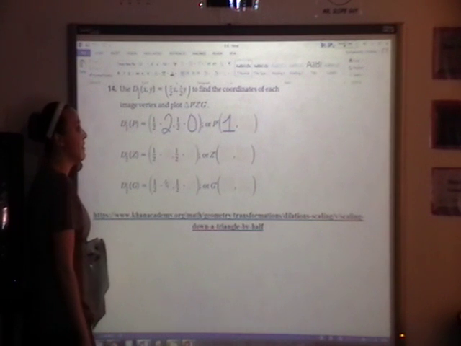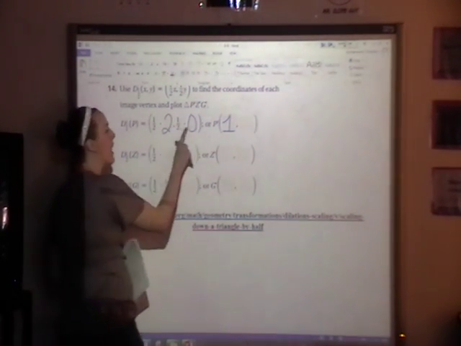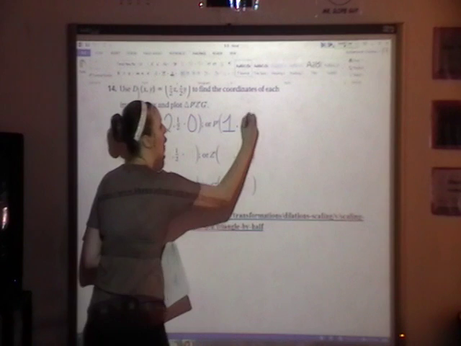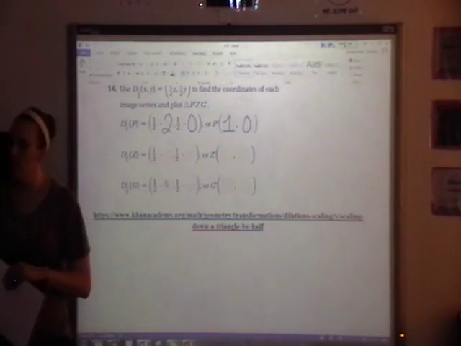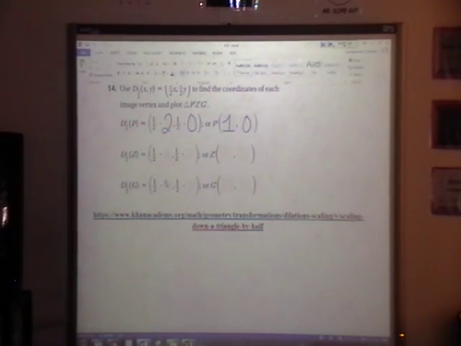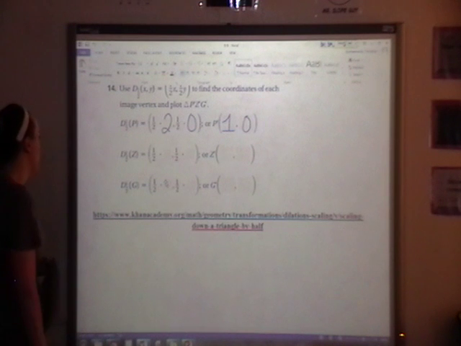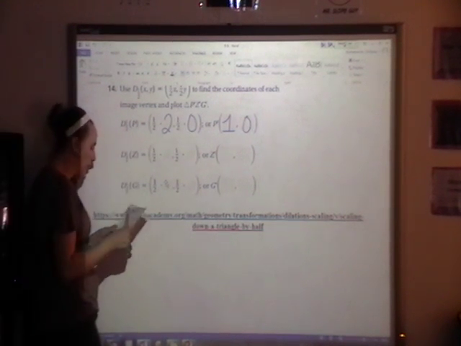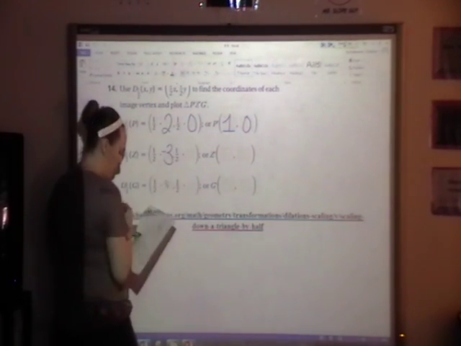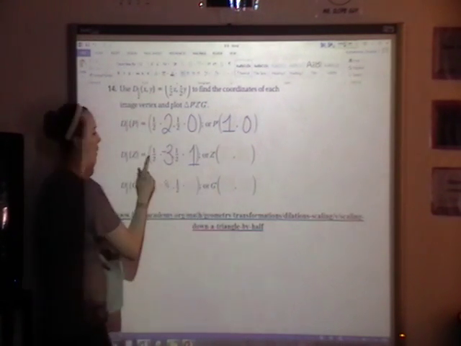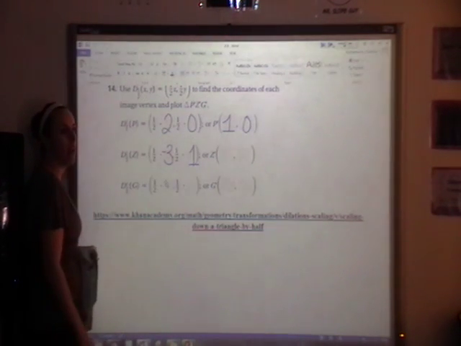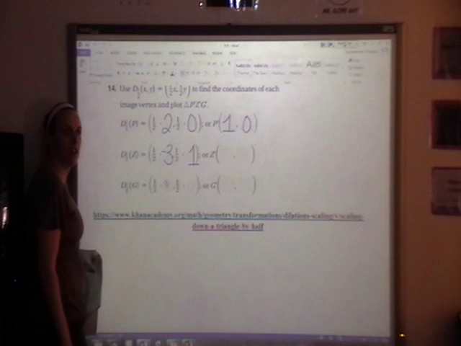So 1/2 times 2 is 1. What's 1/2 times 0? 0. So P prime is 1, comma 0. For Z, our coordinate point for Z was negative 3, comma 1. 1/2 times negative 3. What's half of 3?